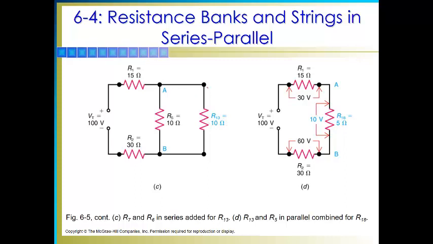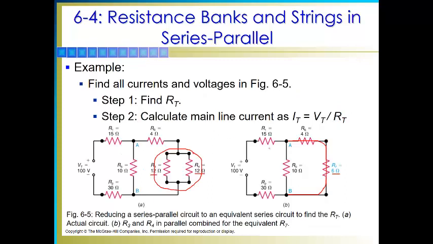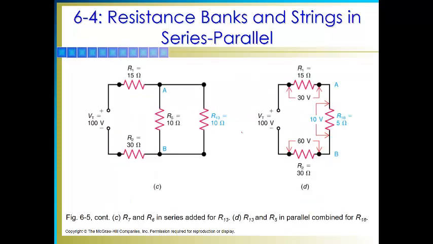So now we have this branch in parallel with this branch right here. This one is R5, and we're going to call this new resistor R13, just to give it a name. I'm guessing this number came because we combined R6 and R7, so we named the resultant R13. But this is just the name of it.